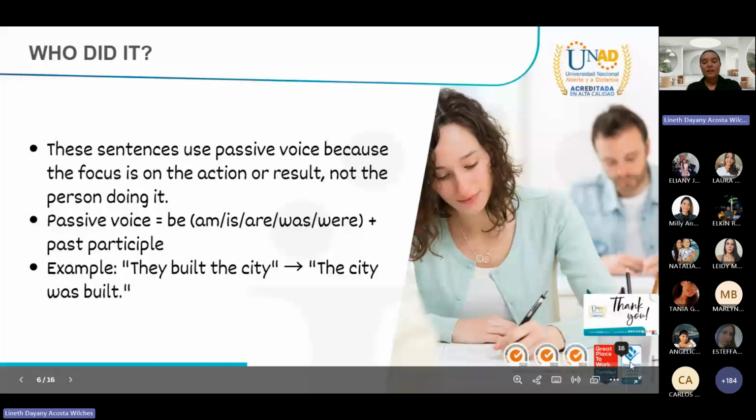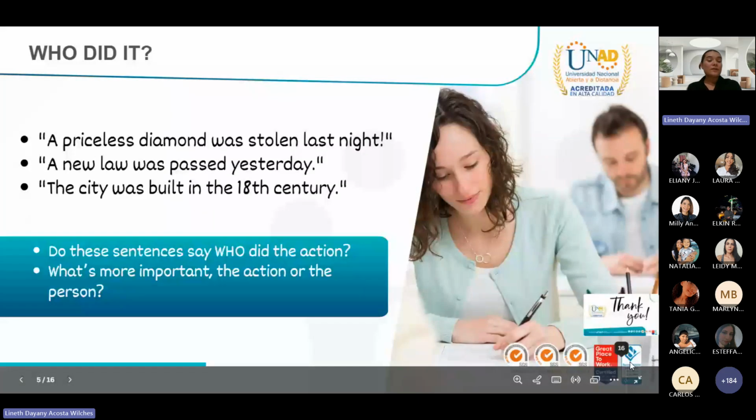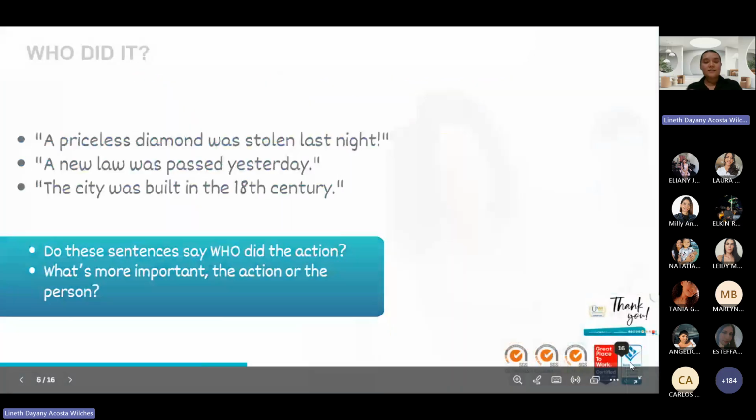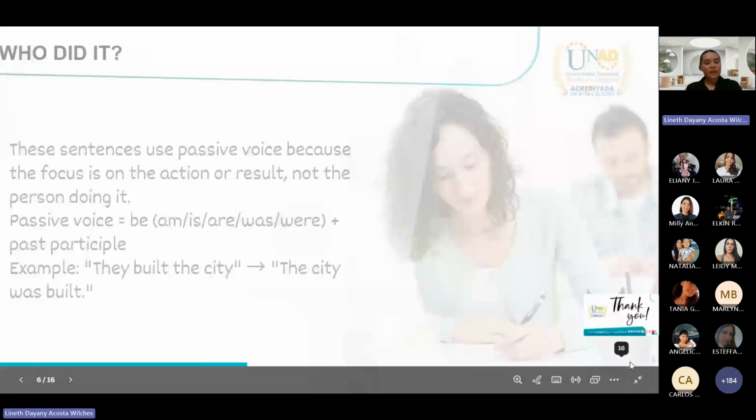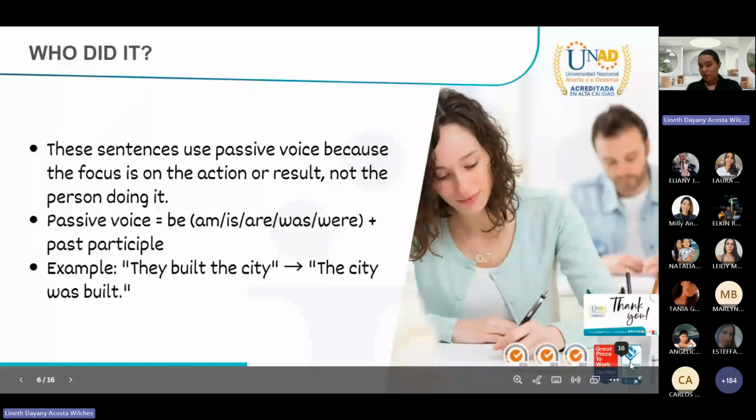As you can notice here, in passive voice the most important thing is the action, okay? So in the example, we switch: the city was. Why was? Who can tell me?